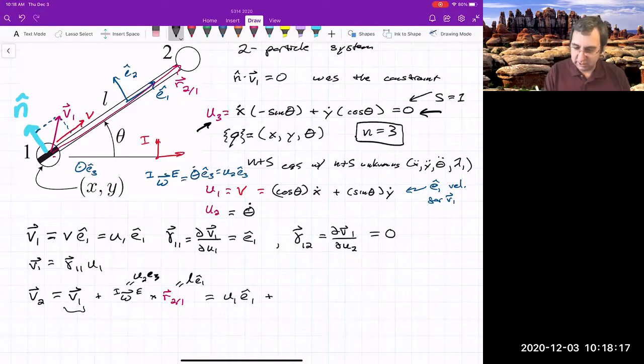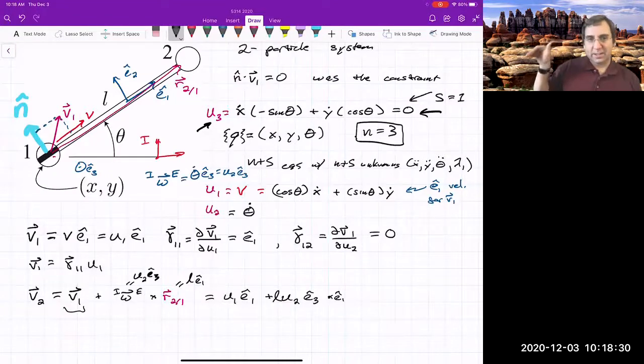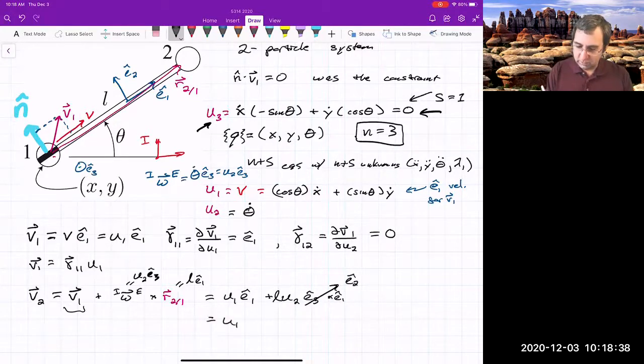Then this other thing is L u2 E3 cross E1. Let's use the right-hand rule: E3 cross E1, my thumb is pointing in the E2 direction. So we've got u1 E1 plus L u2 E2.